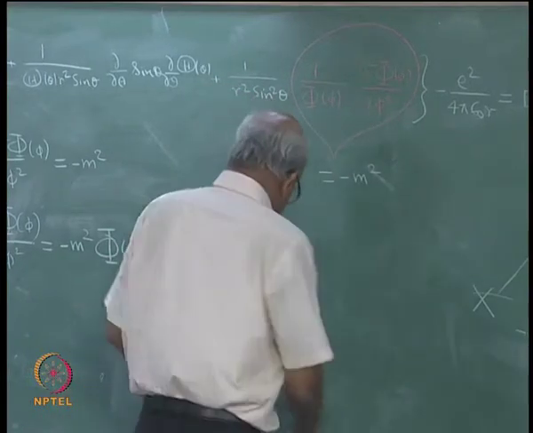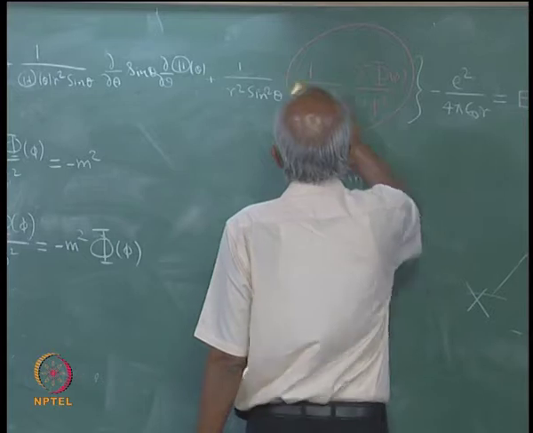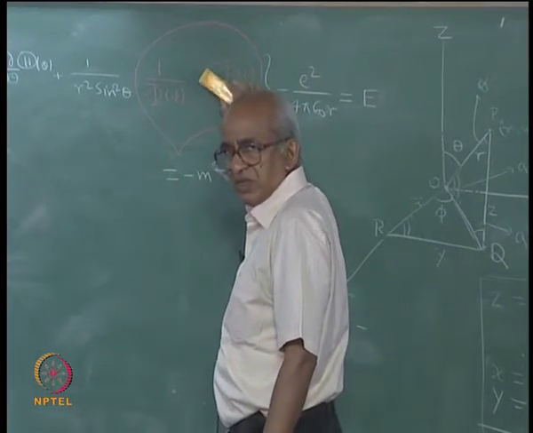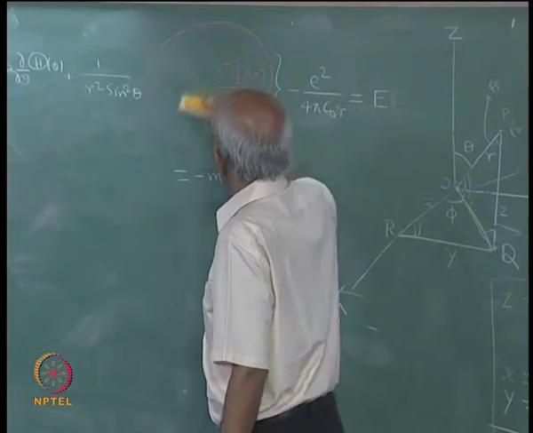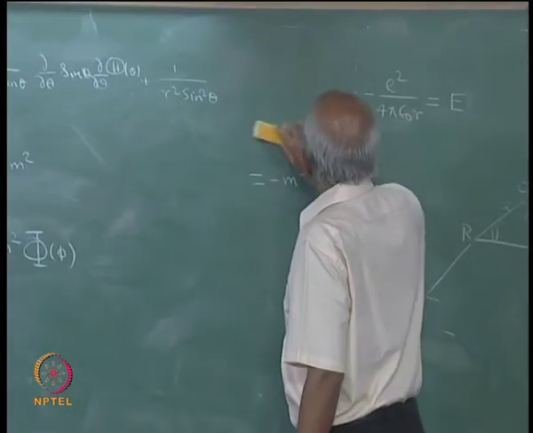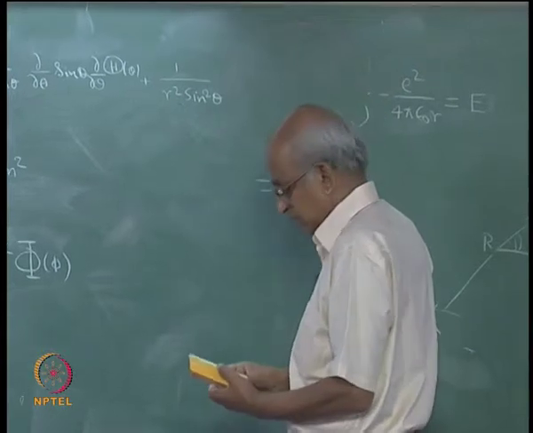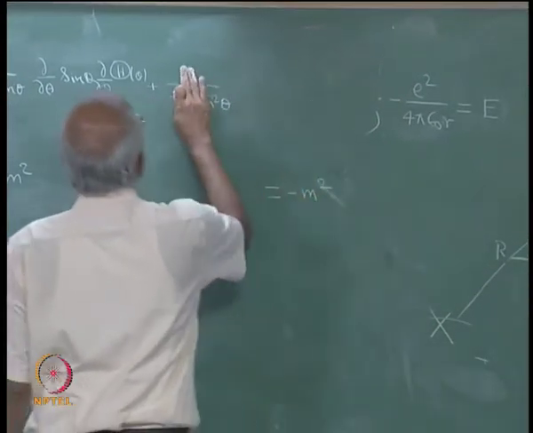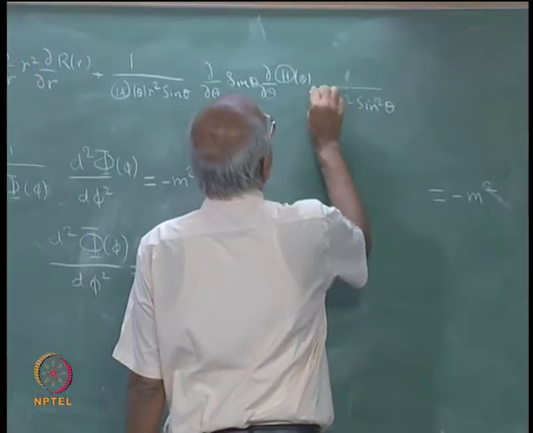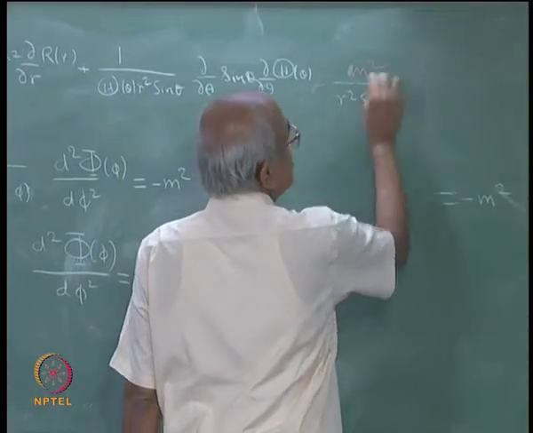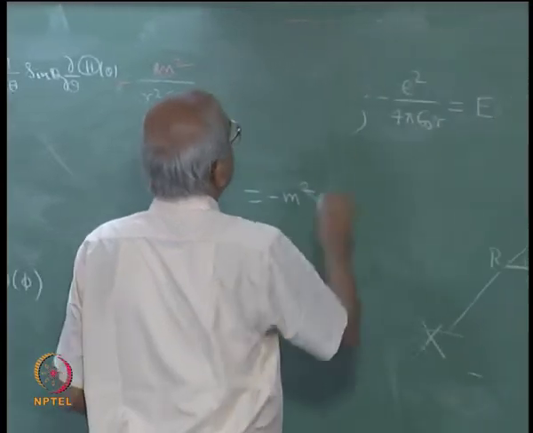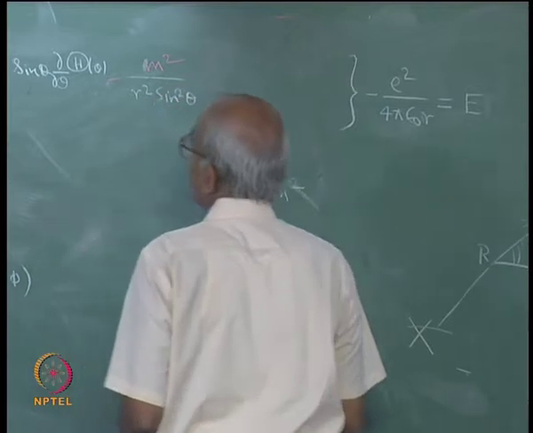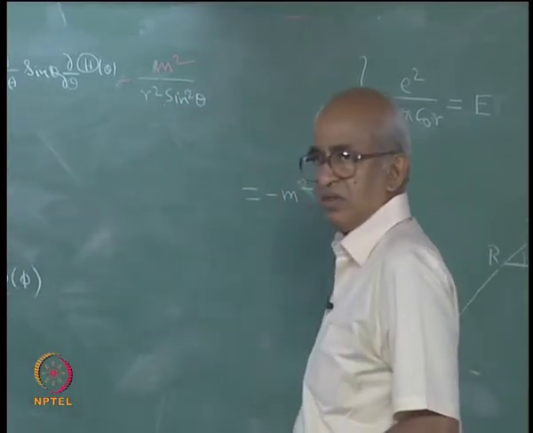And so then what will I do next? Well, this is equal to minus m square, so instead of this part I can actually put minus m square there, because it has to be equal to a constant. So let us put minus m square. That term, instead of that term you just write minus m square, and what happens, you have this equation, correct.